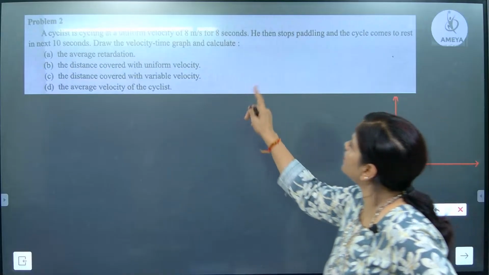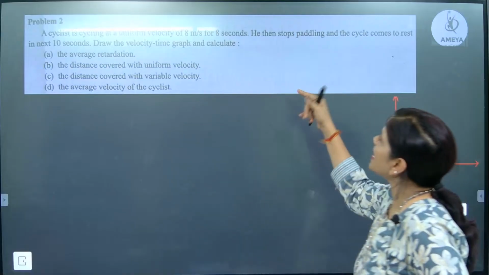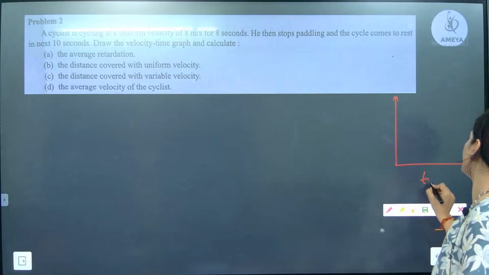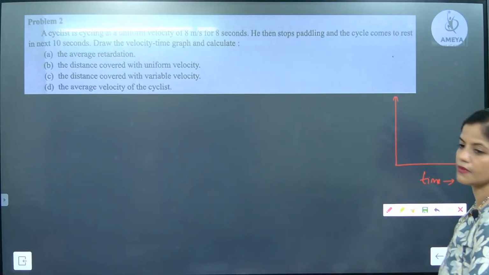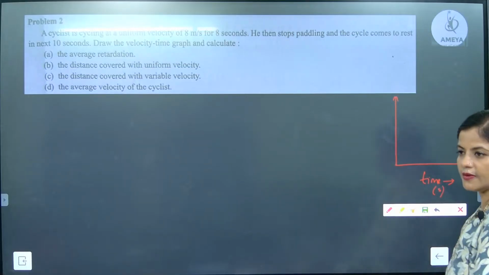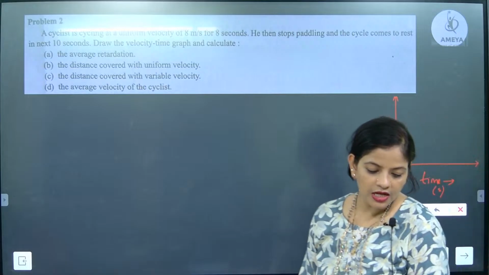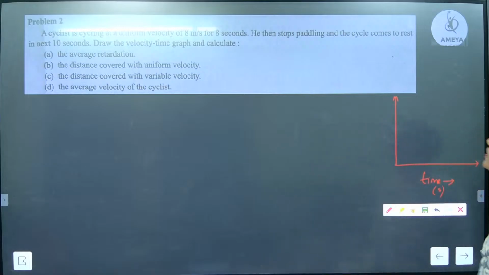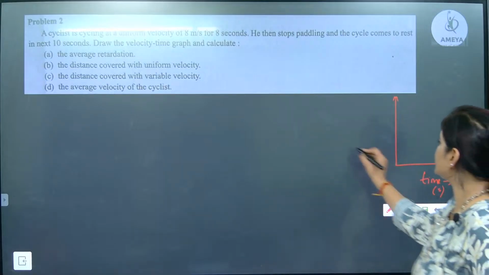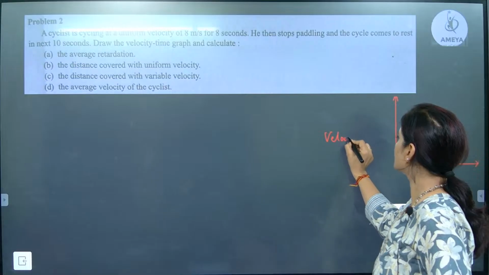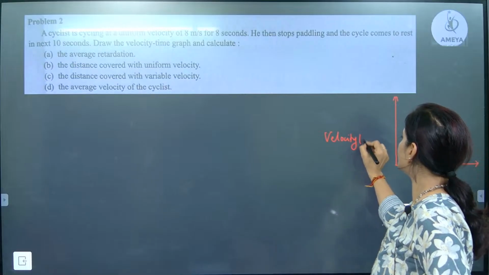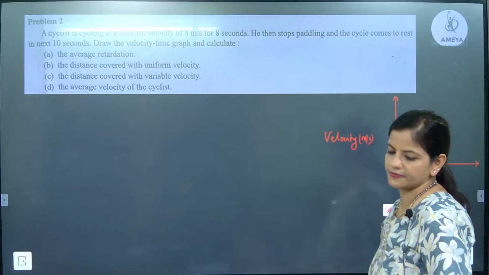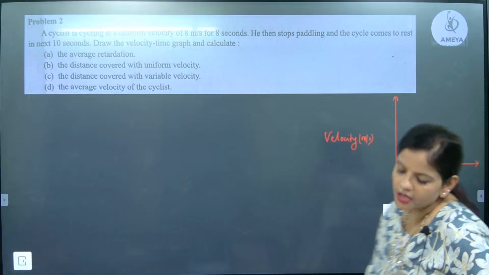First, give a gap. It is asking time, so here time will be in seconds. Then next, a cyclist is cycling at a uniform velocity, so velocity is given. Velocity is in meter per second.